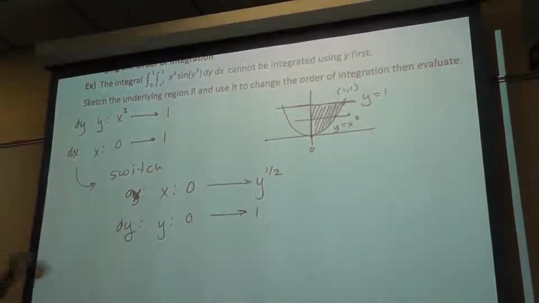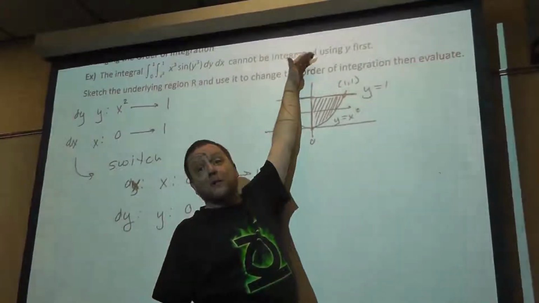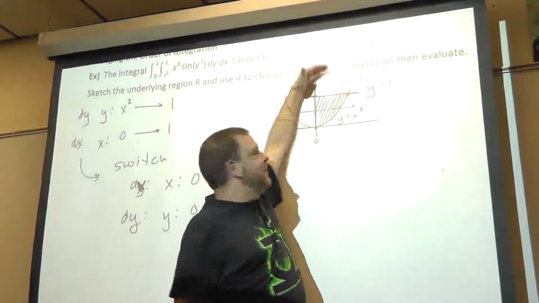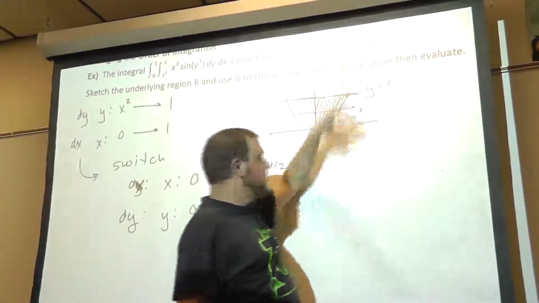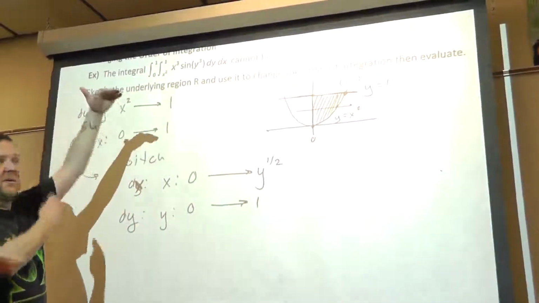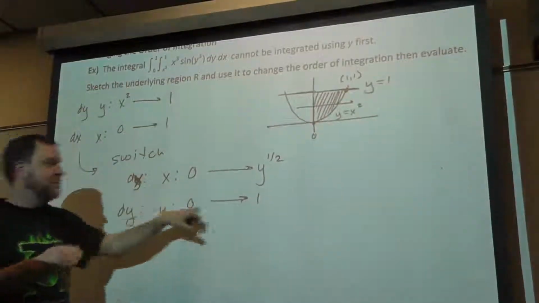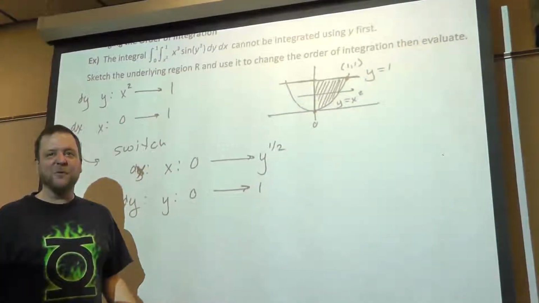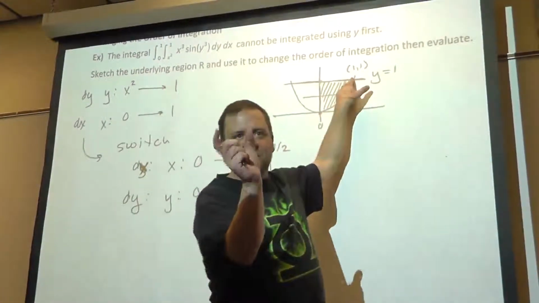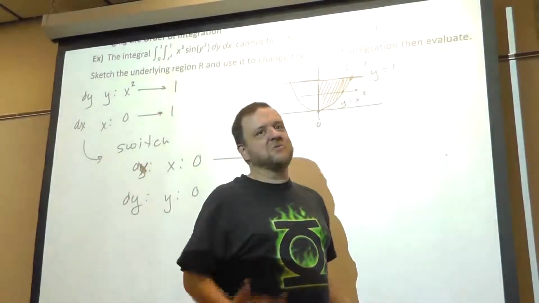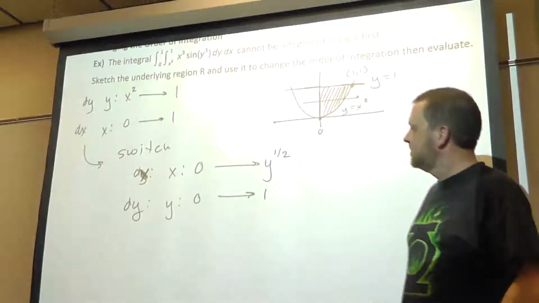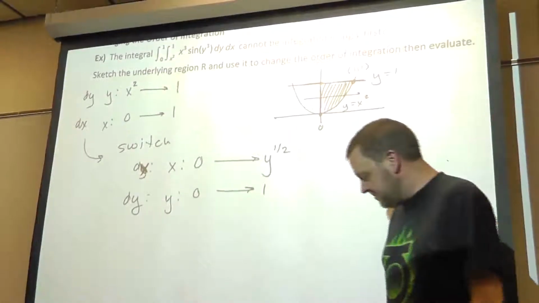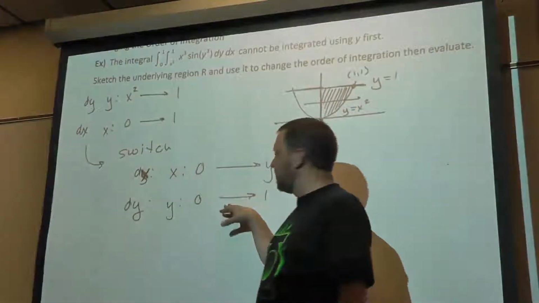What if we stopped at y equals 4 instead of y equals 1? If we went all the way up to y equals 4, the original x limits would be from 0 to 2. But then the corresponding y limits have to be from 0 to 4. So it only works in a handful of cases of things that intersect at that convenient (1, 1) point. It's just unique to this problem. So this and this aren't always the same.